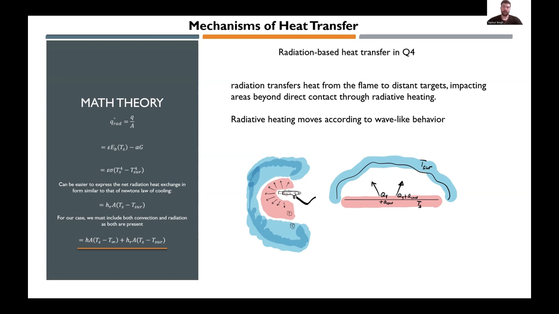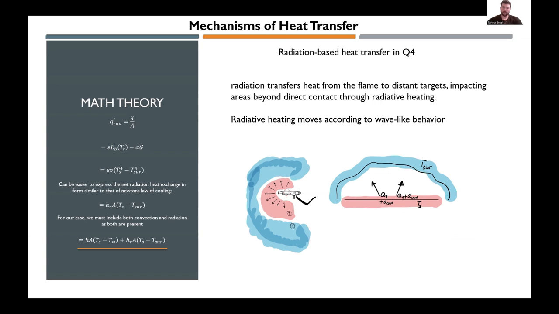For the math theory of the radiation heat transfer, we use the Stefan-Boltzmann law. The Stefan-Boltzmann law states that our radiation heat flux is equal to Q over A, which can then be expanded into our bottom form: emissivity times the Stefan-Boltzmann constant times the difference of the surrounding and the surface temperature, both raised to the fourth power.